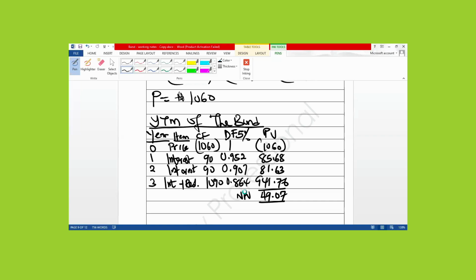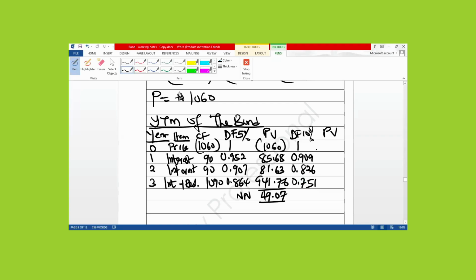If I'm to achieve a negative, then I need to increase the discount rate. Let us check a 10% discount rate. Year 0 is 1. Year 1, 0.909. Year 2, 0.826. Year 3, 0.751.